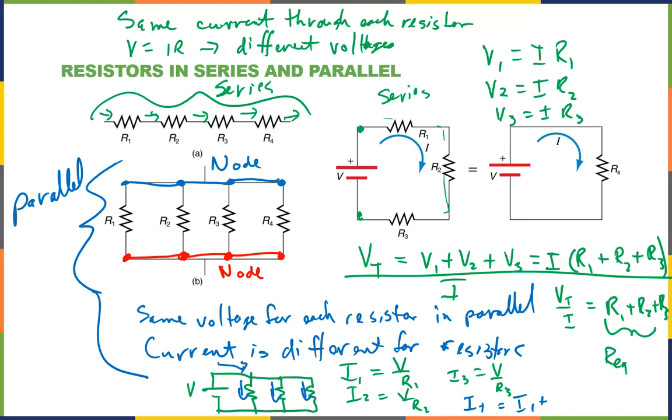And doing like I did before, if I substitute I1 is V over R1, I2 is V over R2, I3 is V over R3, I've run out of space, but I can factor out the V, and I have I total is equal to V times parentheses 1 over R1 plus 1 over R2 plus 1 over R3. I'm actually going to write this at the top of the screen because I have a little more real estate.